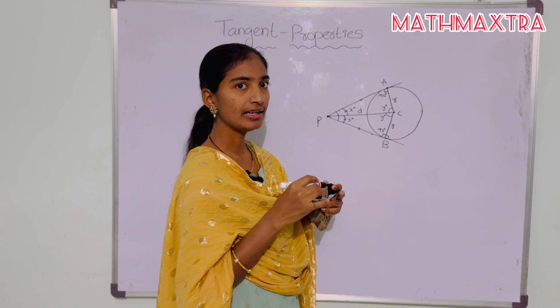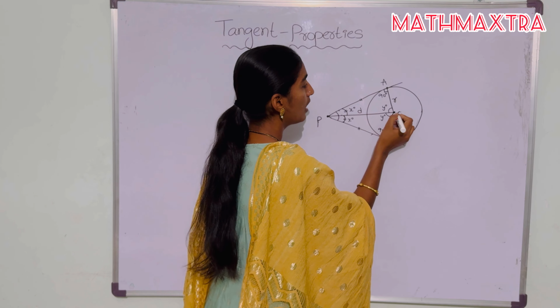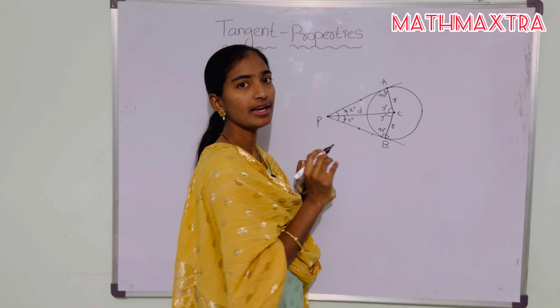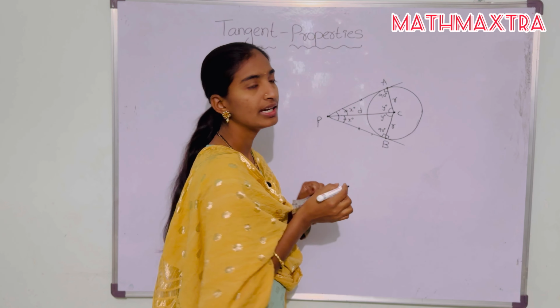A quadrilateral means the circle must pass through all the vertices of the quadrilateral. Then we call that quadrilateral a cyclic quadrilateral, isn't it?